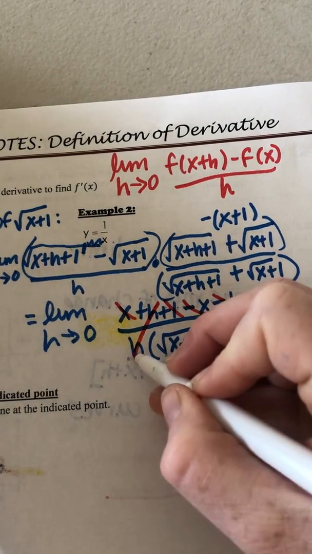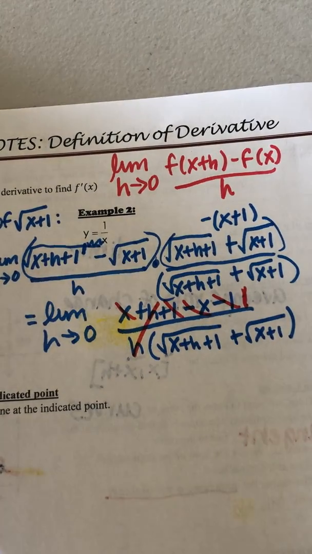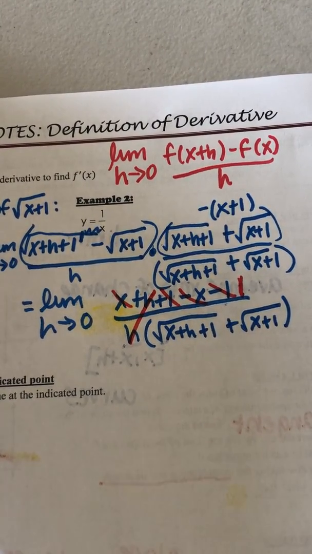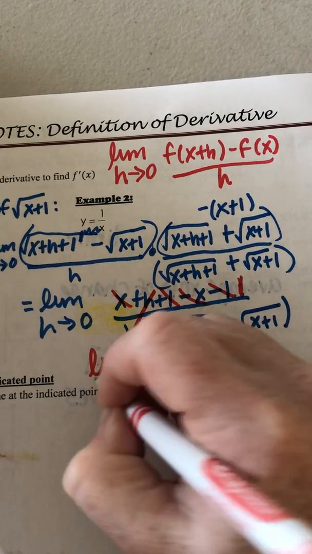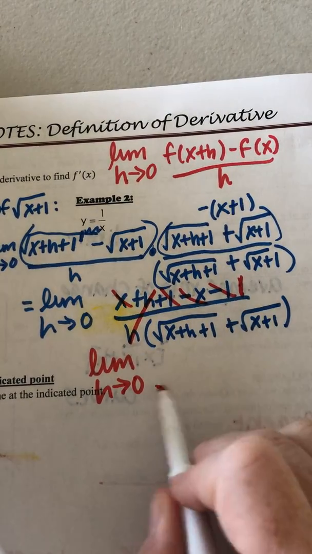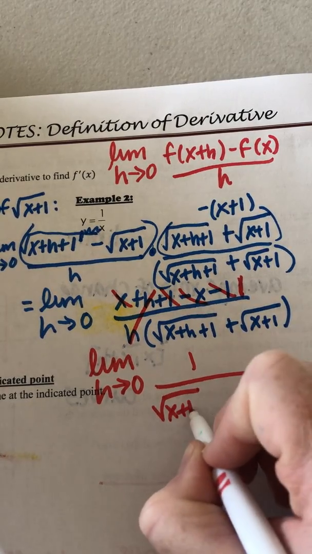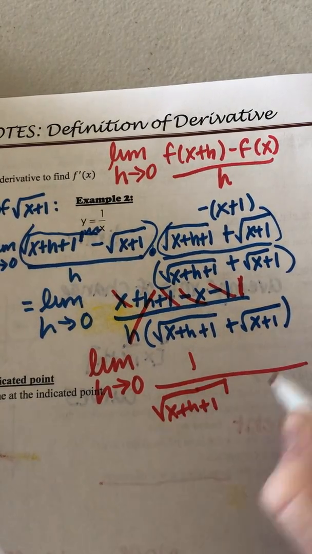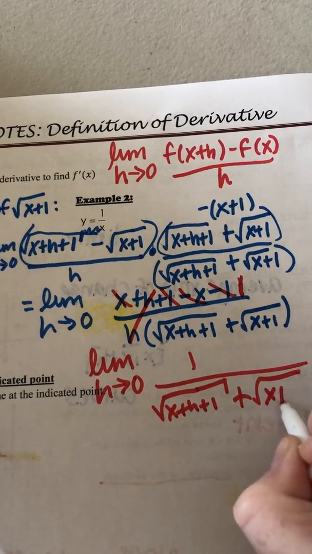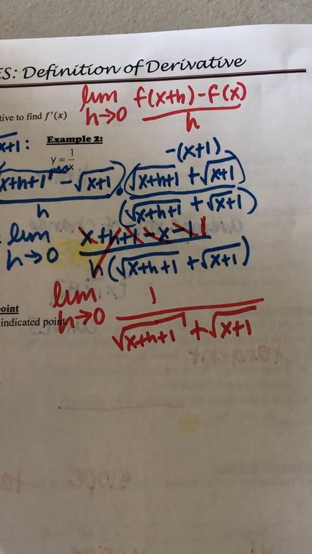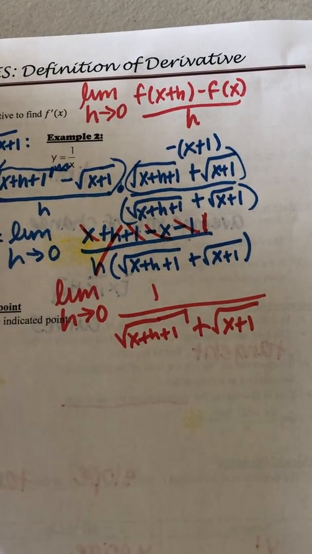And then my h's are going to cancel, and I'm going to get 1 on the numerator. So now I'm at the limit as h approaches 0 of 1 over the square root of x plus h plus 1 plus the square root of x plus 1. Then we're going to plug in 0 for h.